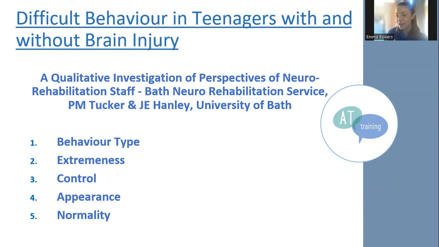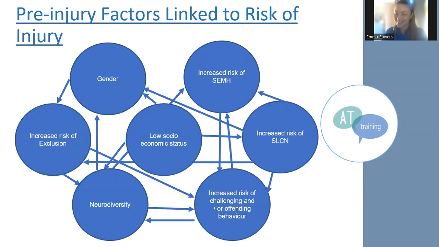But then the client themselves are really struggling in terms of their regulation or problem solving, which actually leads to increased risk taking or increased social vulnerability either online or in the community. So next slide. Sorry, that was chunky.